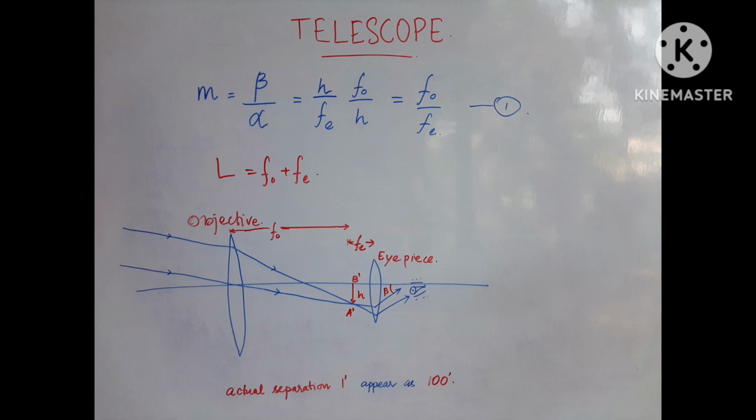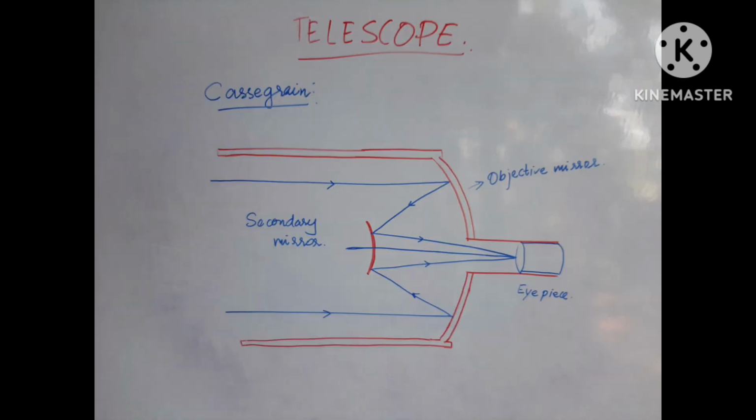By using a concave mirror as the objective, we can reduce these limitations of refracting telescopes. Reflecting telescopes have several advantages.